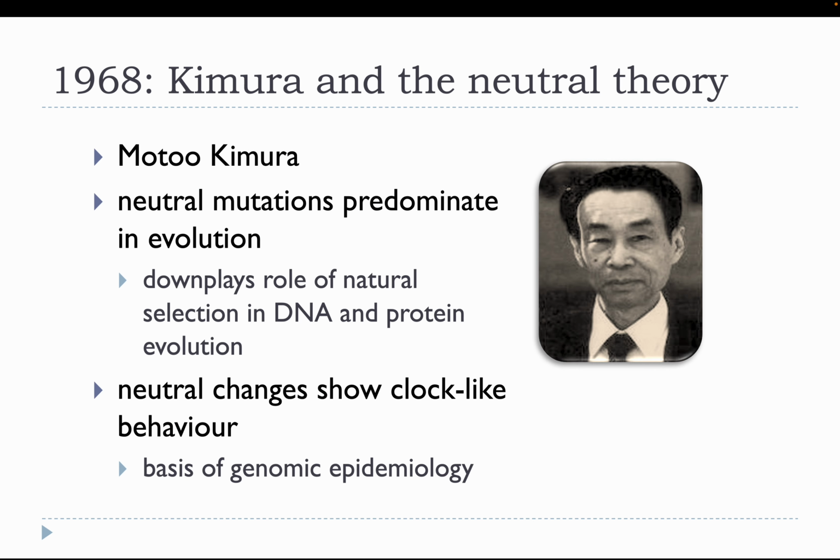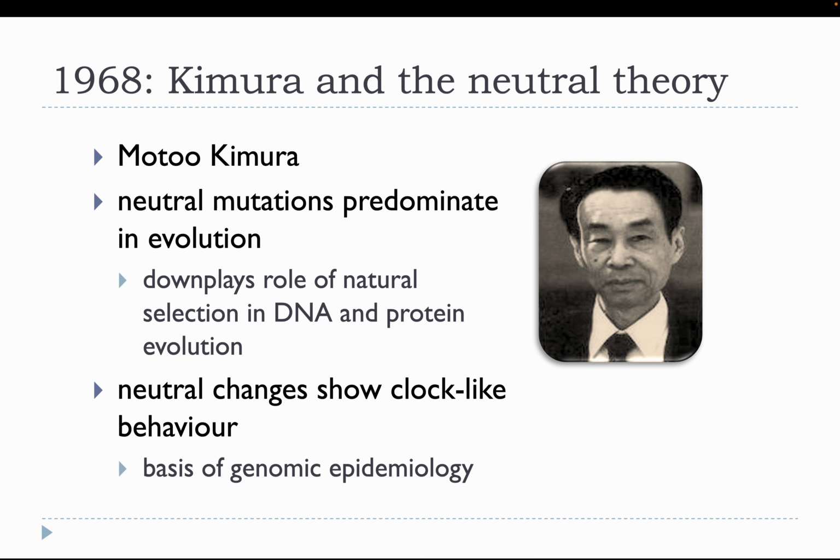In 1968, an interesting insight came in, though. Motoo Kimura, a Japanese scientist, actually said that what is happening when we look at sequences is that most of the changes we see don't actually make any difference to function. It's just neutral mutations. It's just kind of noise, spelling mistakes in evolution, if you like, that don't make any difference to function.